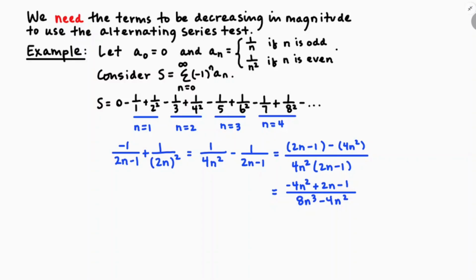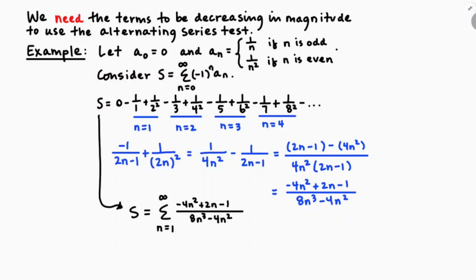Now I'm going to rewrite series S using this new formula, and n starts at 1, because we just started by adding a 0, so we don't really need that. I can say now S is the sum from 1 to infinity of negative 4n squared plus 2n minus 1 over 8n cubed minus 4n squared.